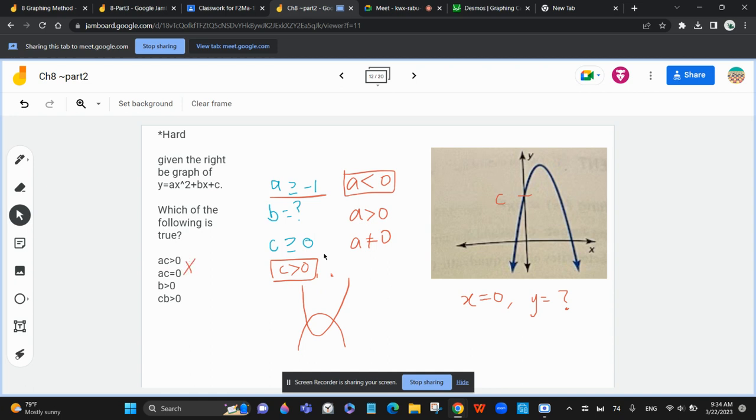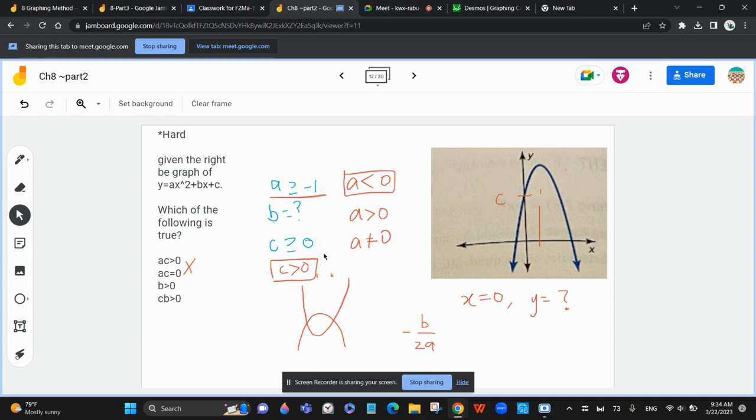While b, we can find b by the vertex formula. If you see from this graph, the vertex x coordinate is positive, right?